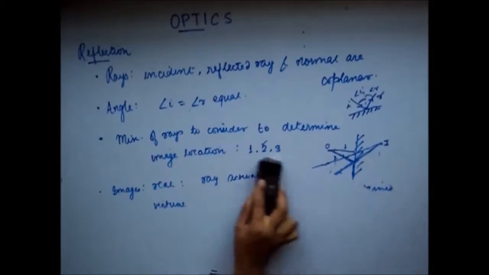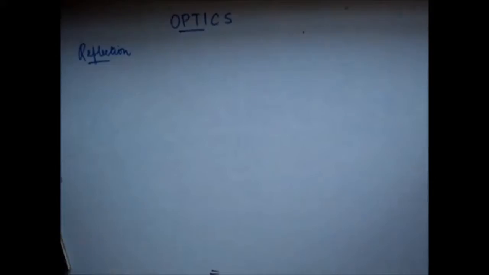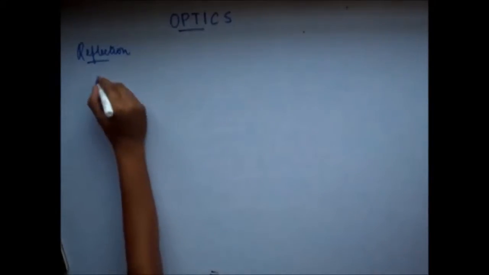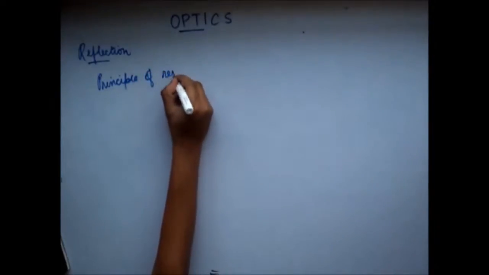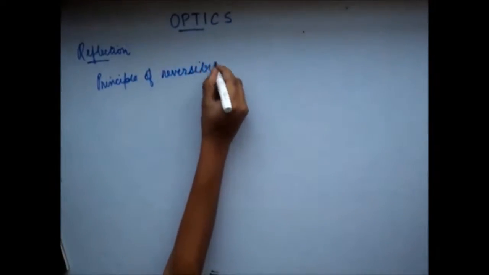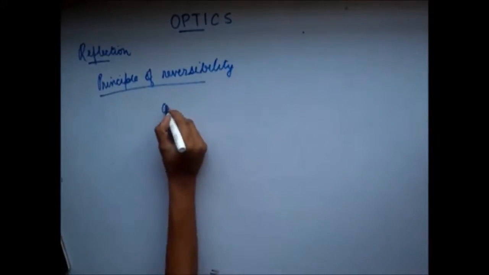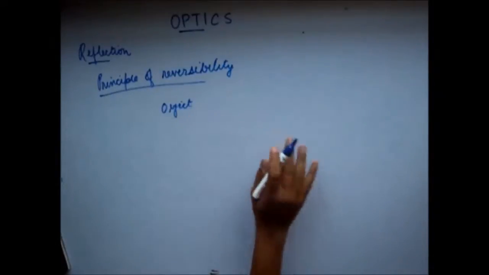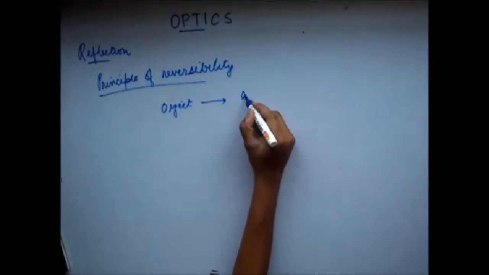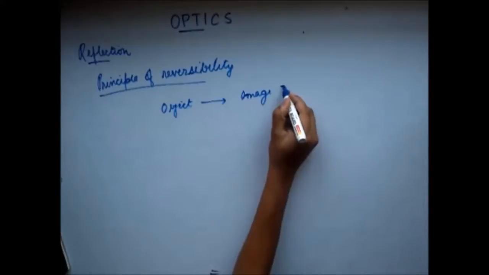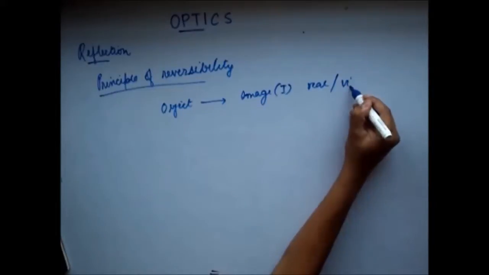Okay. Now one very important point in reflection which we'll be using, and I think you might not have studied this before, is the principle of reversibility. So let's understand what is the principle of reversibility. The principle of reversibility states that if I have an object placed in front of a mirror, and this object has an image I because of the mirror, which can be either real or virtual.